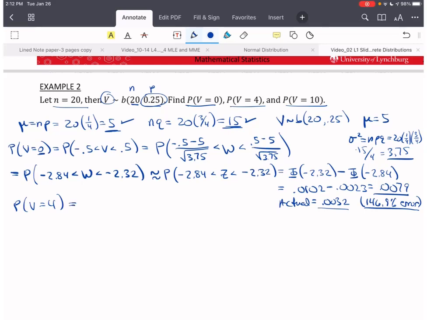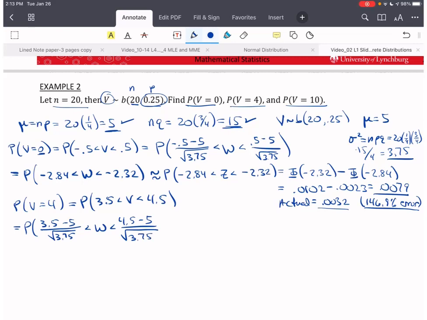Now let's look at the probability that V is equal to 4. That's the probability that V is between 3.5 and 4.5, our continuity correction. We take 3.5 minus the mean, which is 5, divided by the standard deviation, the square root of 3.75, and this is W now. Then we do the same thing with 4.5. We still have negative values on both sides.